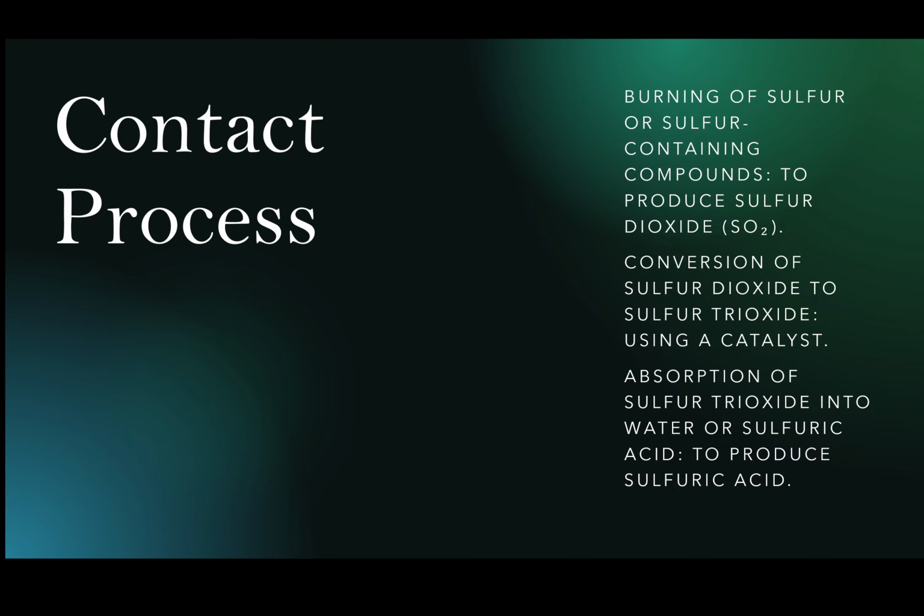And three, absorption of sulfur trioxide into water or sulfuric acid to produce sulfuric acid. Three things. You burn something, then you convert the dioxide to the trioxide, and then you inject the trioxide into water or sulfuric acid. All right, that's what we do.